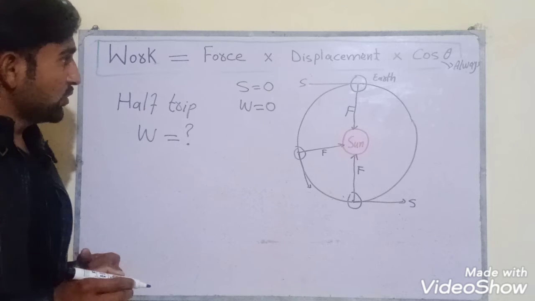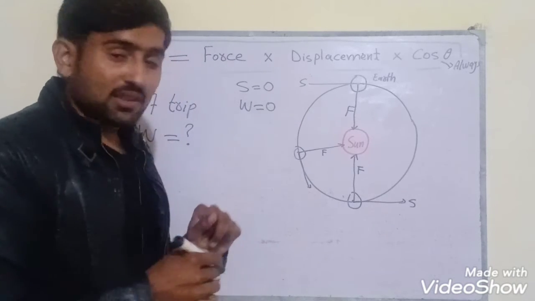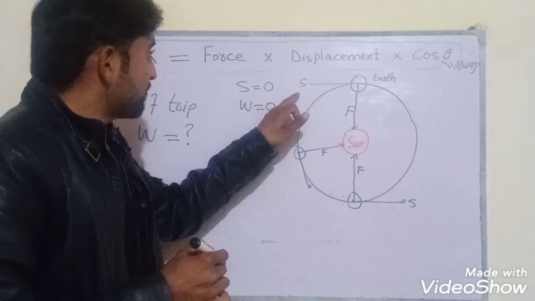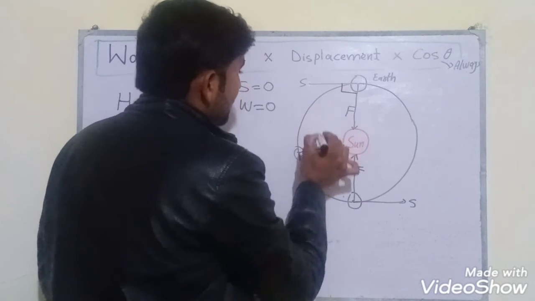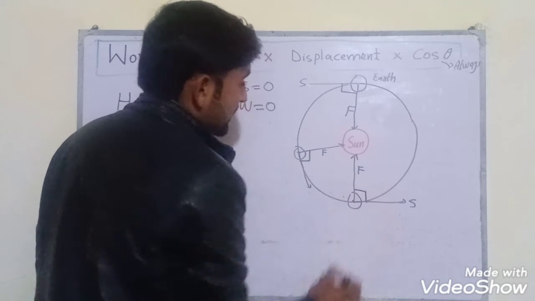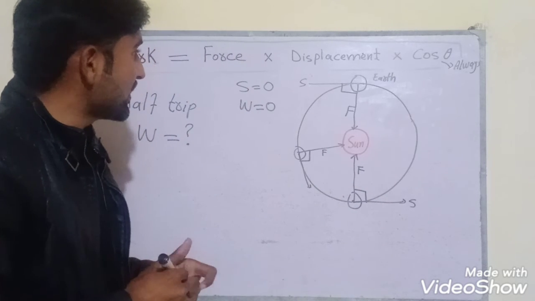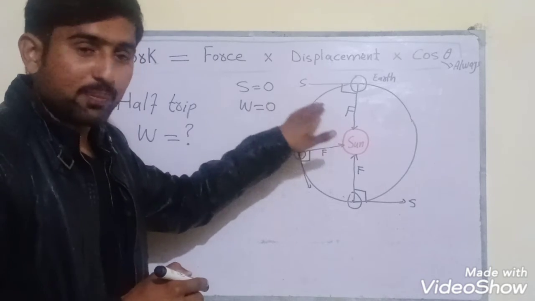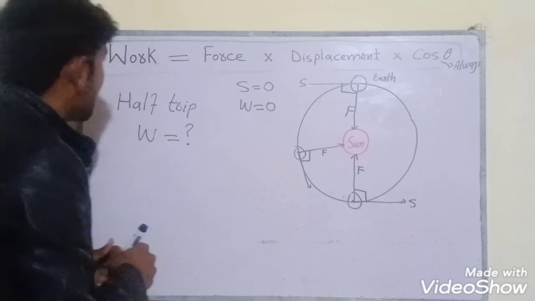If you notice, what is the theta between displacement and force? Here 90 degree. Force and displacement are perpendicular to each other. Here theta is equal to 90 degree.